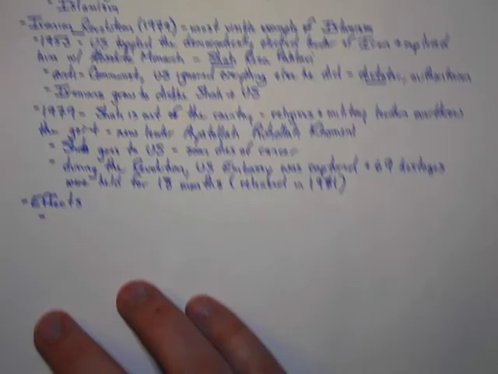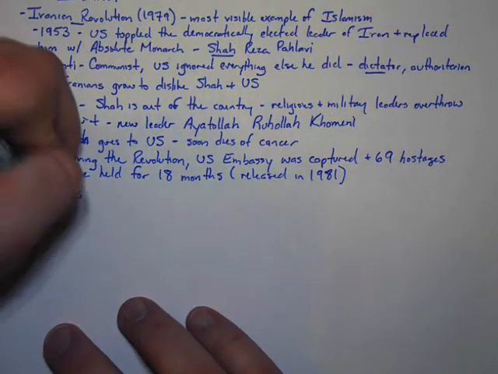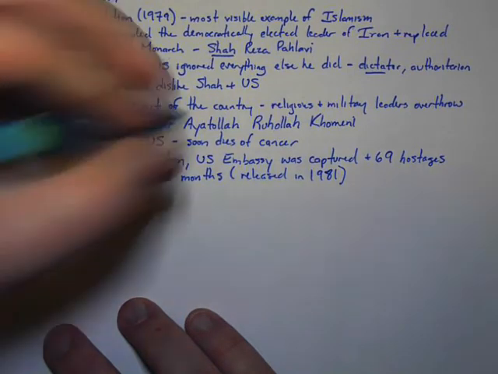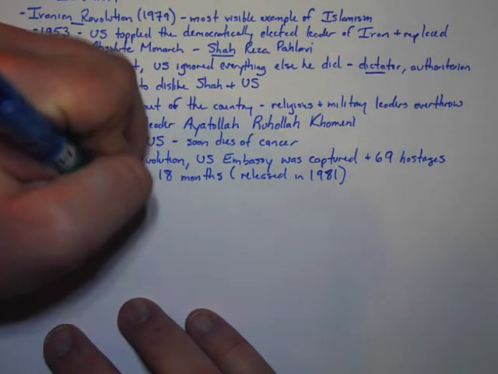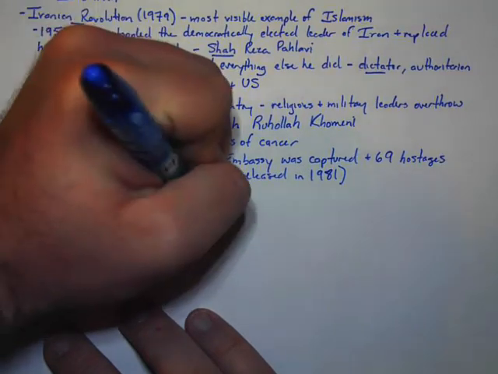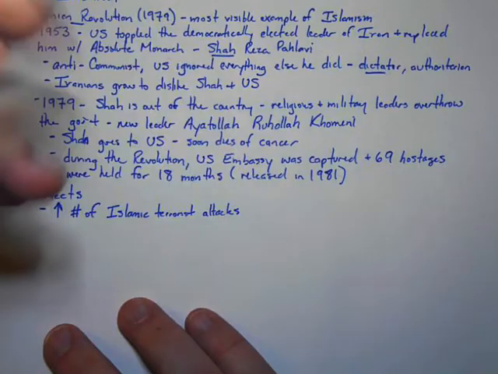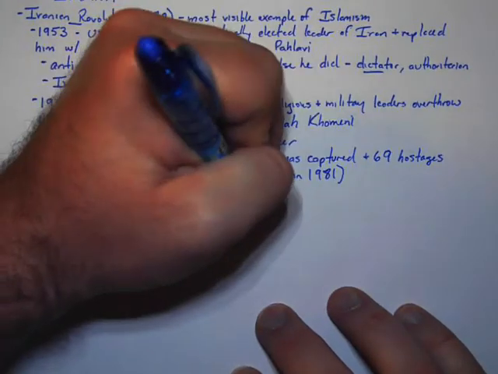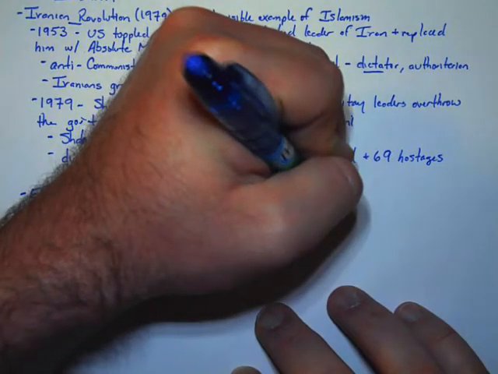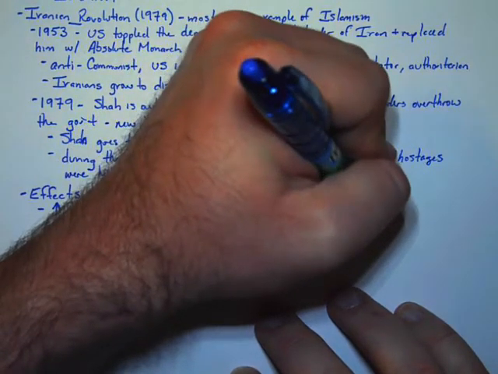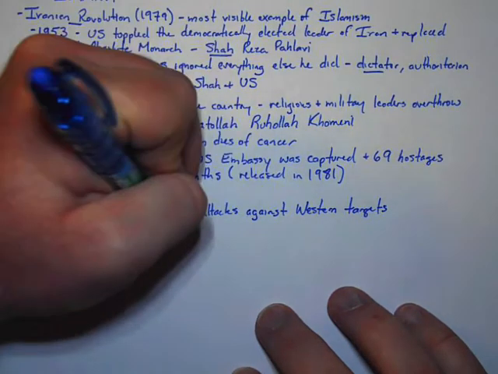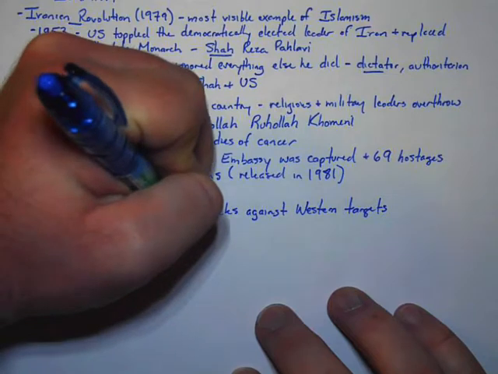The first is that we see a big increase in the number of Islamic terrorist attacks against Western targets. And the idea behind these terrorist attacks is that they are spectacles.